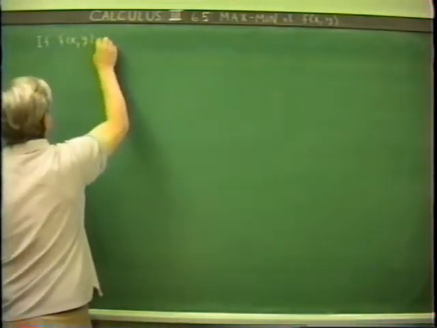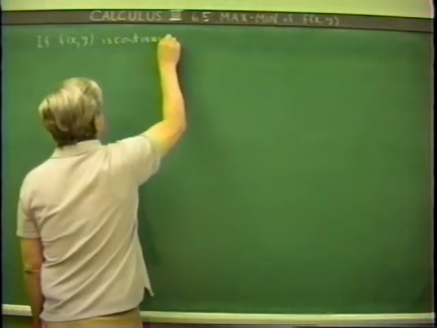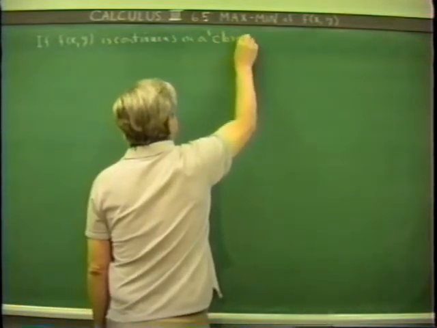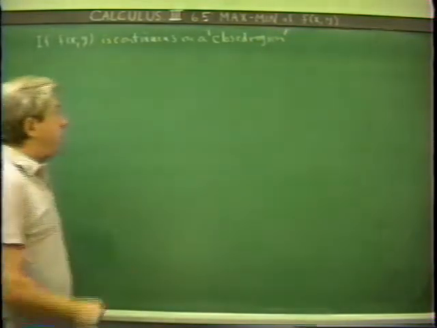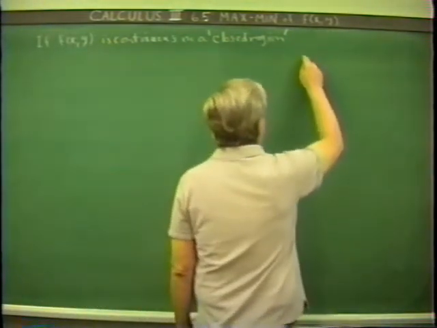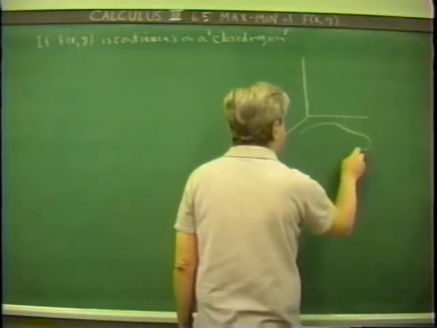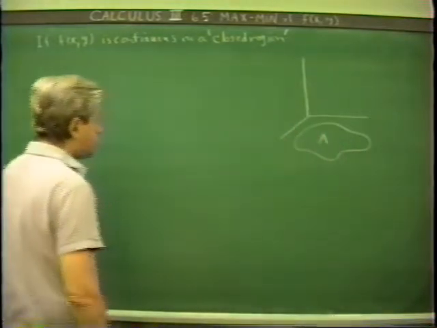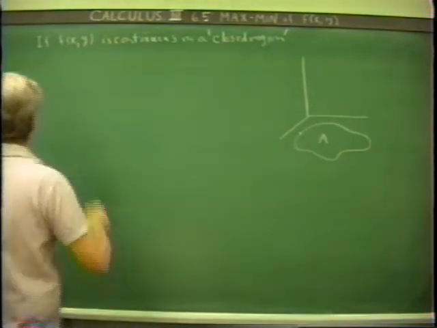If f of x and y, using two variables for an example here, is continuous on a closed region, by that is meant a region in the plane with the boundary included, so that, for example, something like this region A here, including all the points along the boundary.